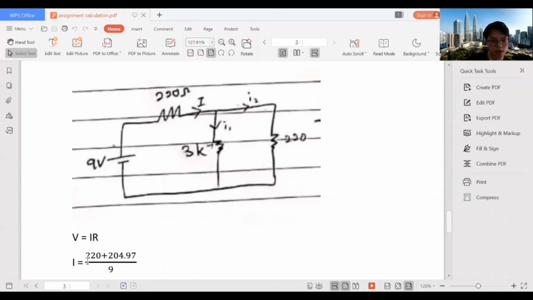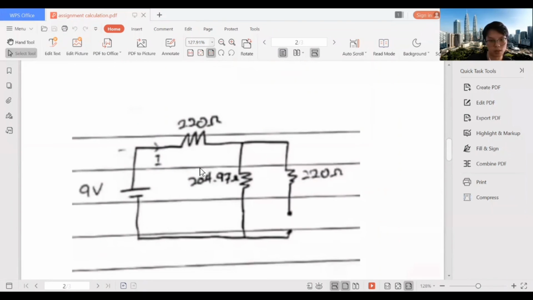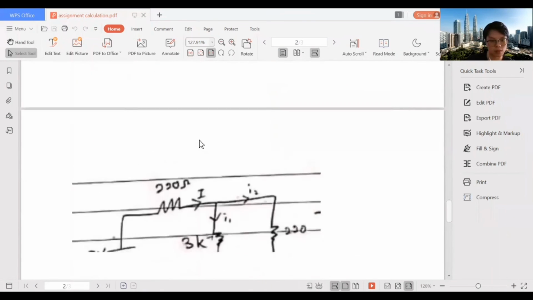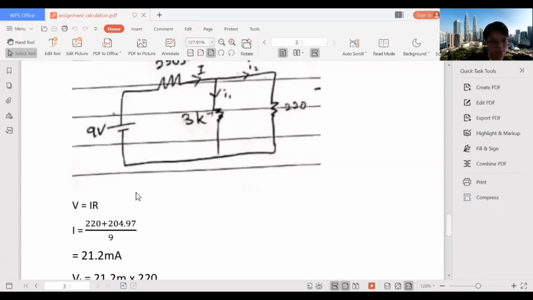V equals IR, so the current is equal to V over R. So the total resistance here is 220 plus this one, 204.97. So we can get the total current is 21.2 milliampere.